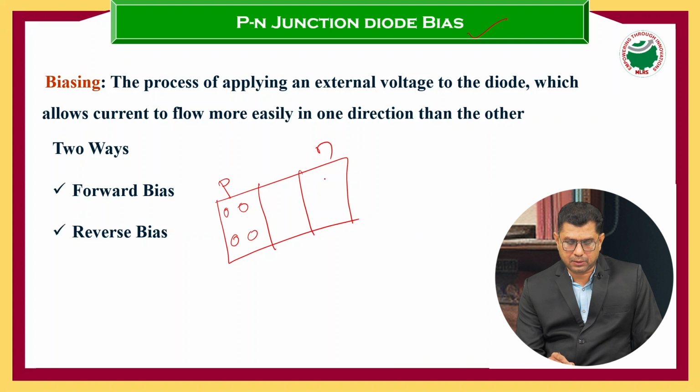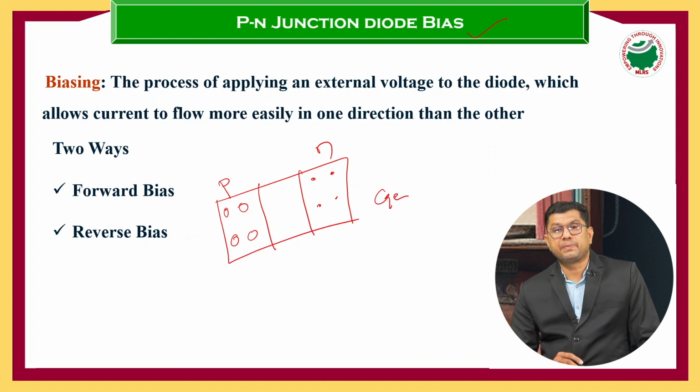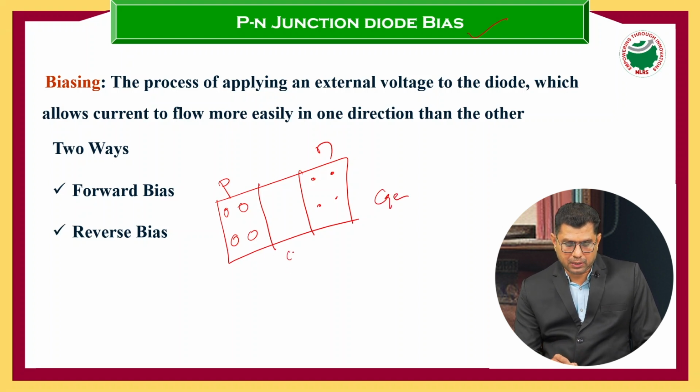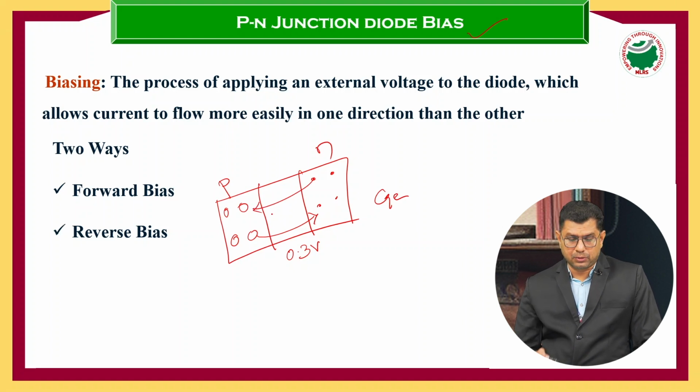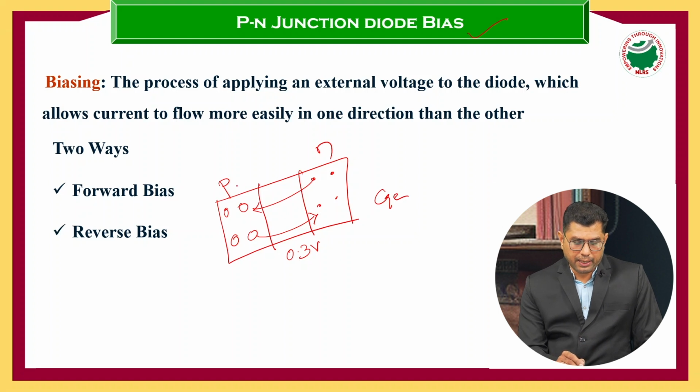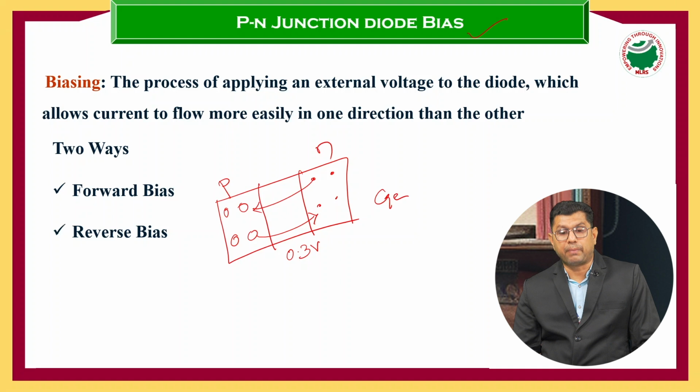Here the majority charge carriers are holes, and here the majority charge carriers are electrons. If this diode is based on germanium, you compulsorily need to apply 0.3 volts to move holes and electrons across. To supply external voltage, you need to connect the P side and N side to a battery. This connection of P type and N type to the battery is nothing but biasing.